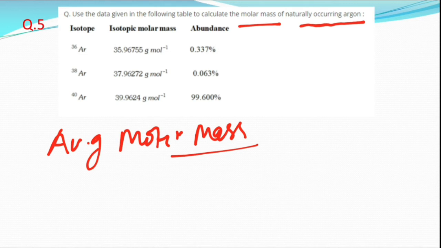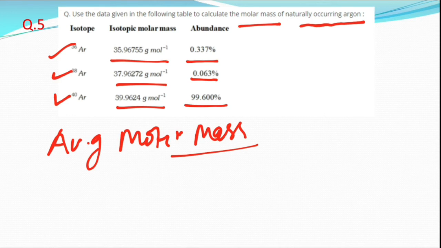There are 3 isotopes: argon 36, argon 38, and argon 40. These are the molar masses and these are the abundances in percentage. So how will we solve the question? Multiply the molar mass with the abundance of all 3 isotopes, then add these values.